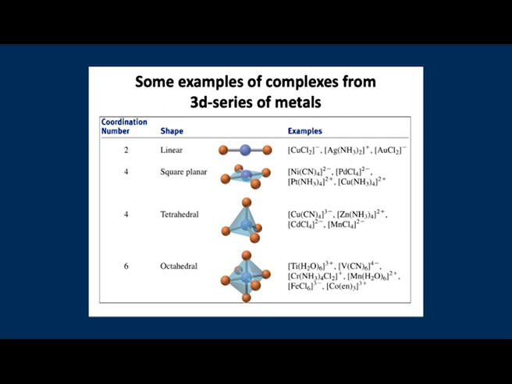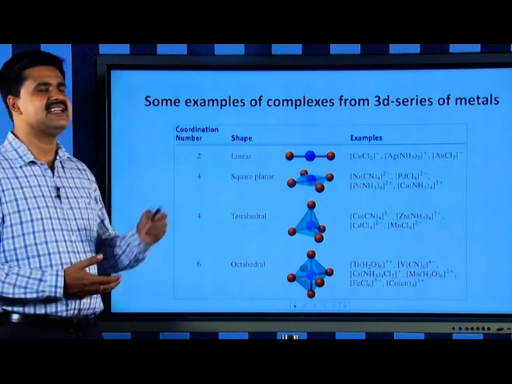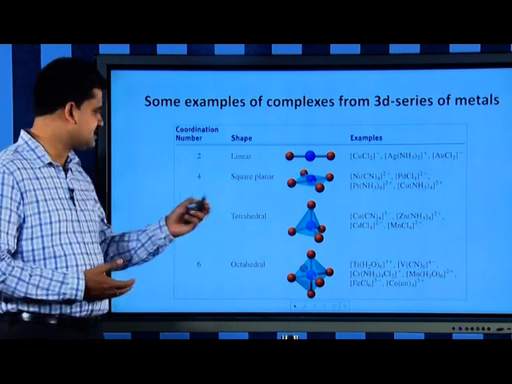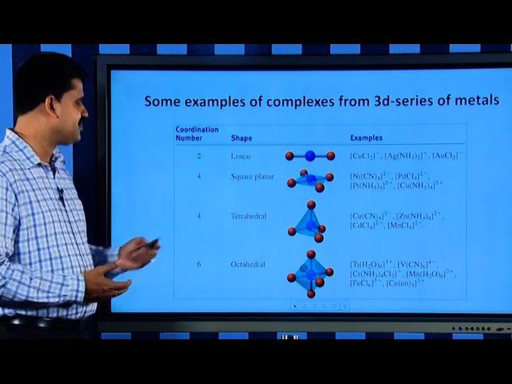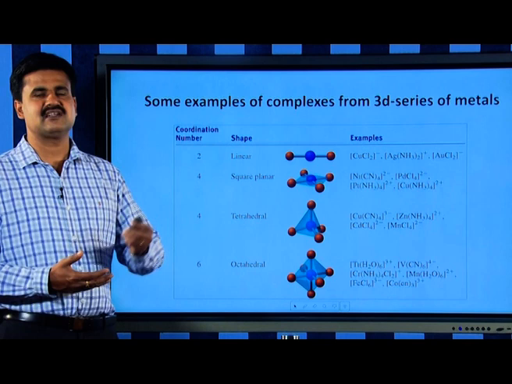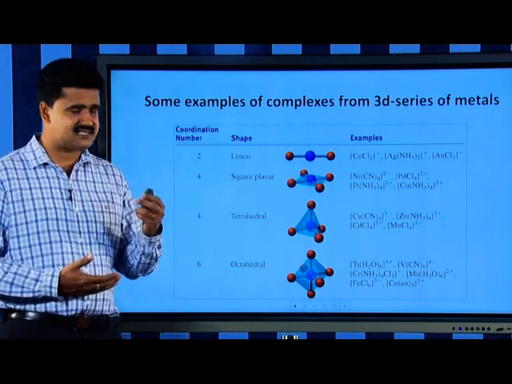Several tetrahedral compounds are also known from 3d series of metals. Some examples are Cu(CN)4 3-, Zn(NH3)4 2+, etc. Another possible geometry, more commonly observed, is octahedral. This octahedral geometry is a favorable geometry when coordination number is 6.